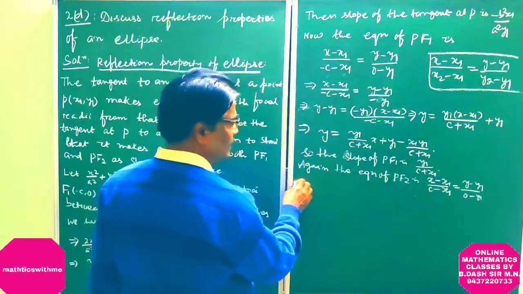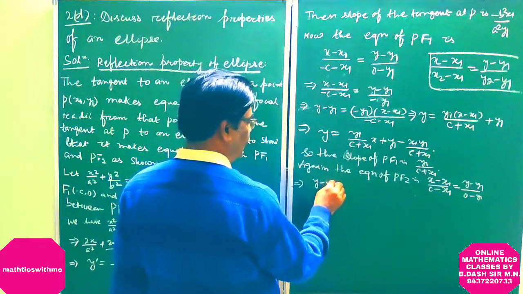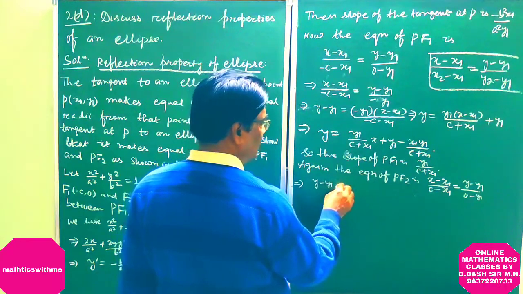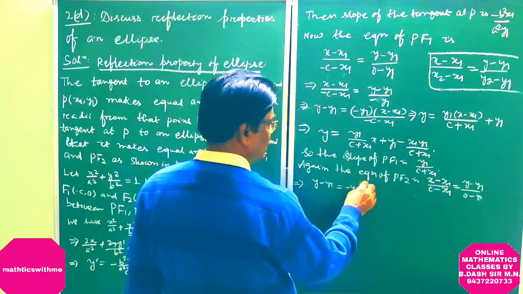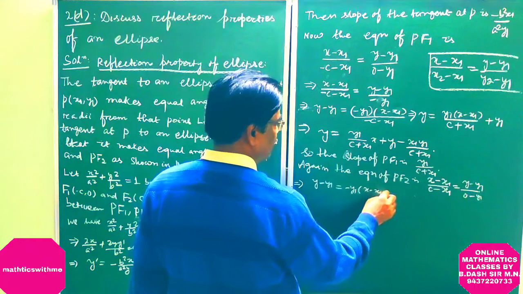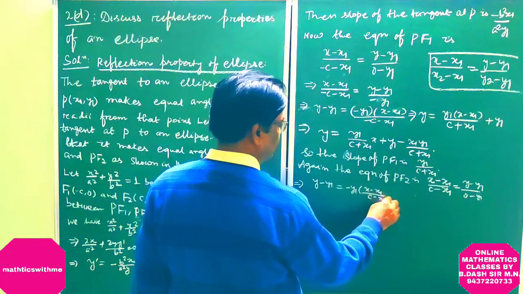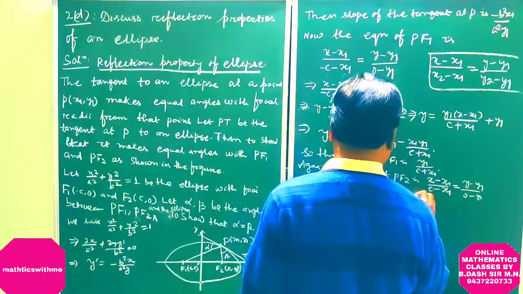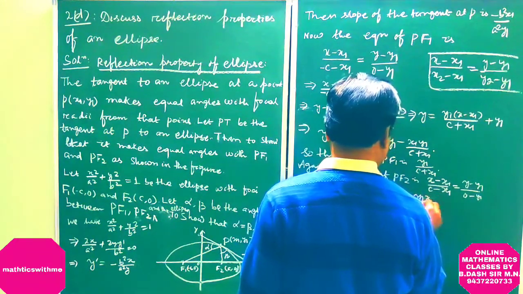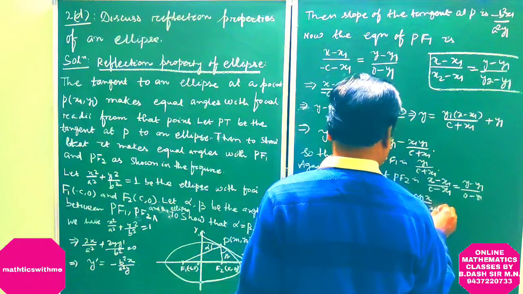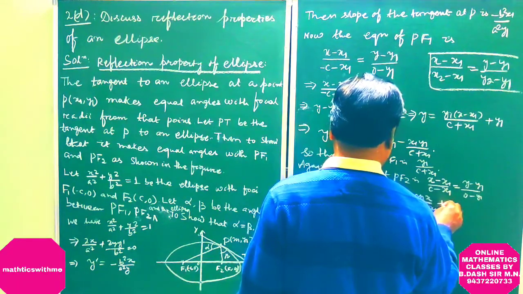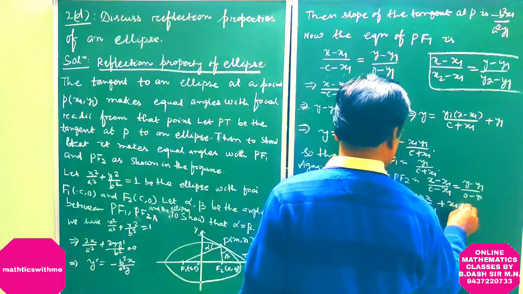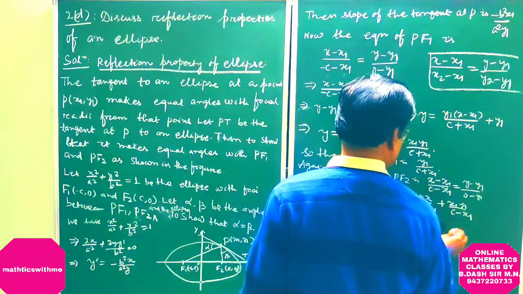So this implies y − y1 = −y1(x − x1)/(c − x1), which equals −y1x/(c − x1) + x1y1/(c − x1).